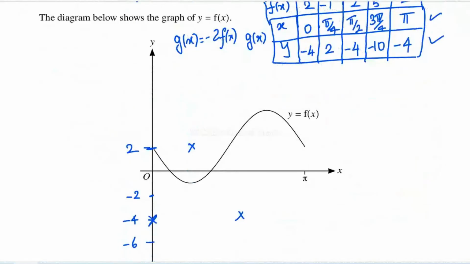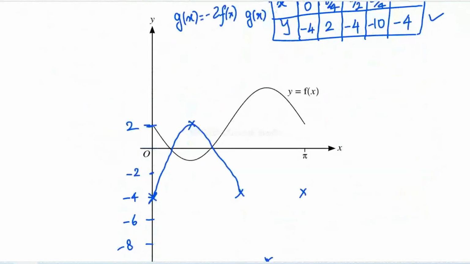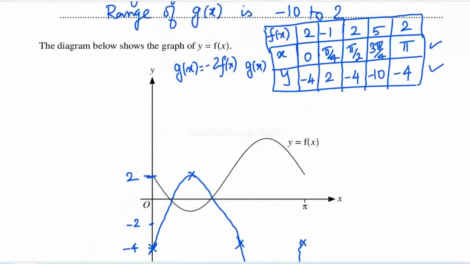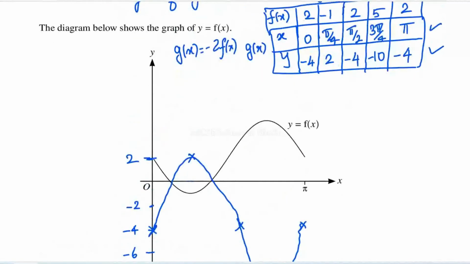And for pi it is again -4. Now join all the dots. So this will be the curve for g of x.